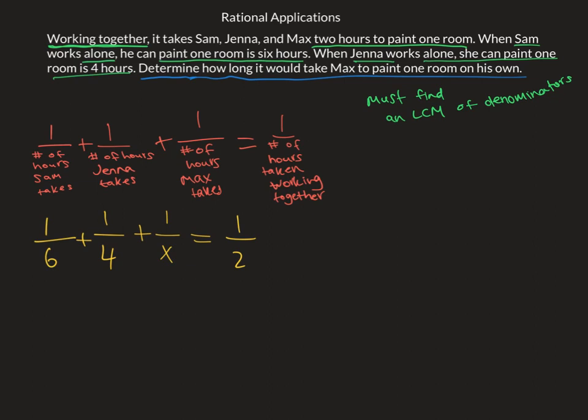It can't be 6, because 4 doesn't go into it, it can't be 7, can't be 8, can't be 9, can't be 10, can't be 11, but it can be 12. 6 can go into 12, 4 can go into 12, and 2 can go into 12.